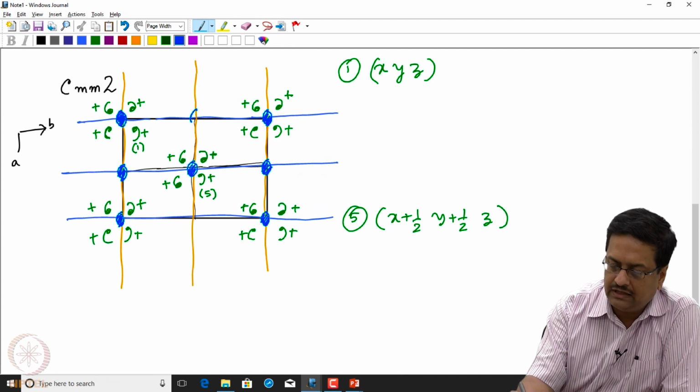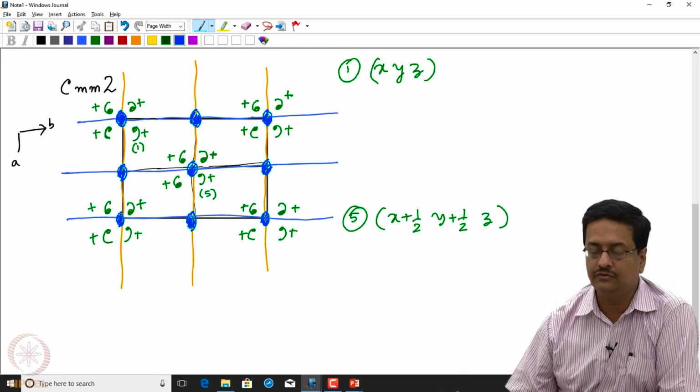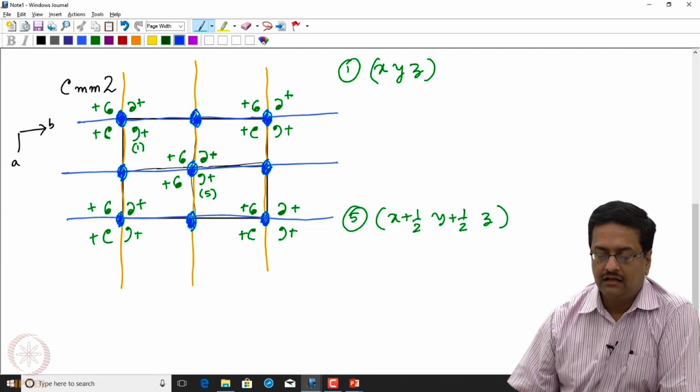So we don't have to draw any further equivalent points for the third symmetry of the space group CMM2.